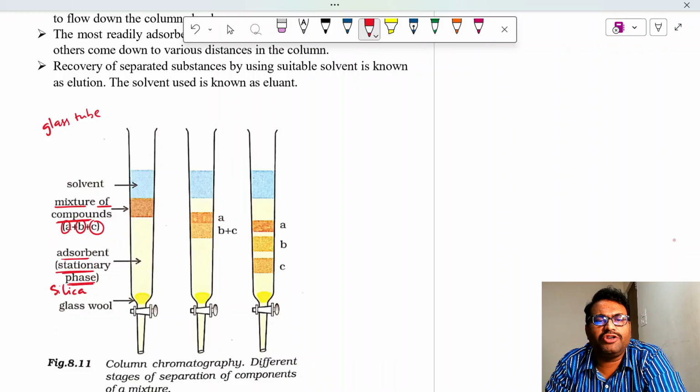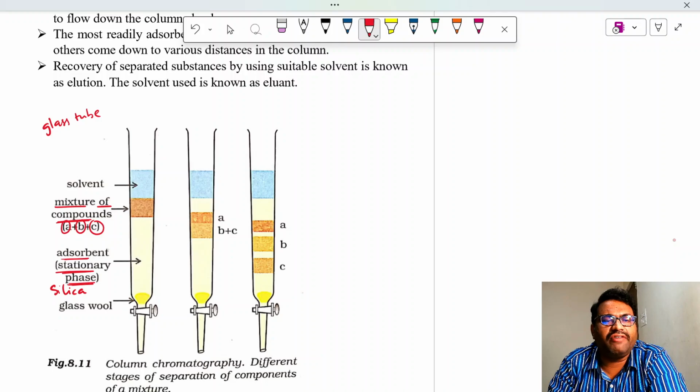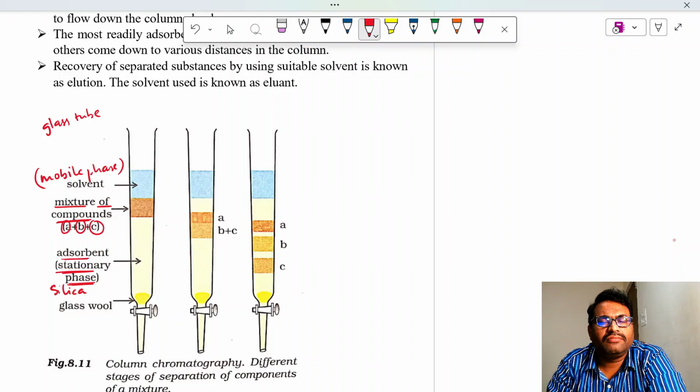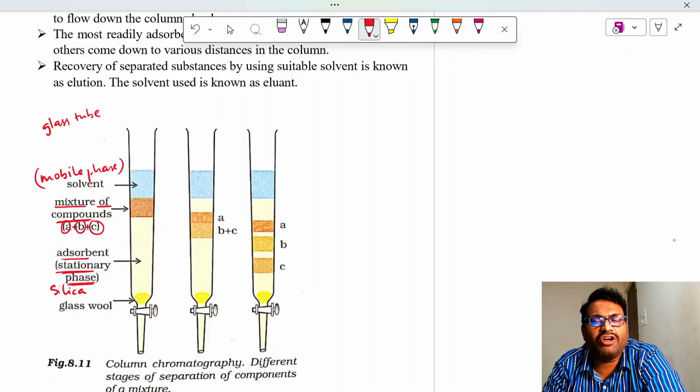Then what you are doing? You are pouring some solvent. Here the solvent is acting as a mobile phase. The solvent can be either liquid or gas. You can place a single solvent or more than one type of solvent.